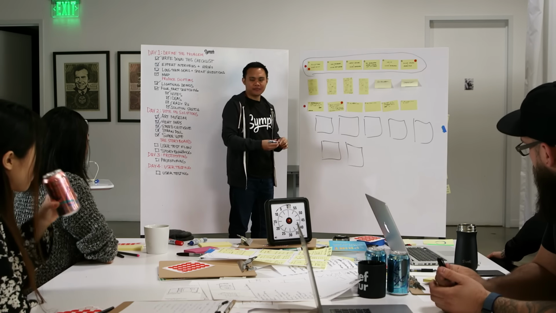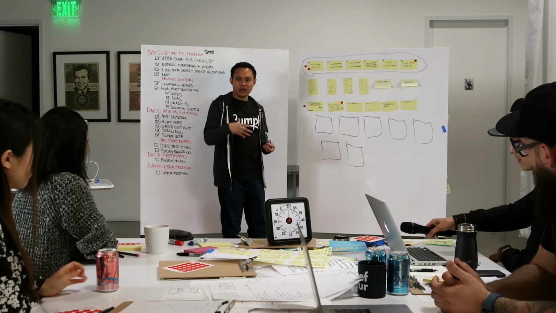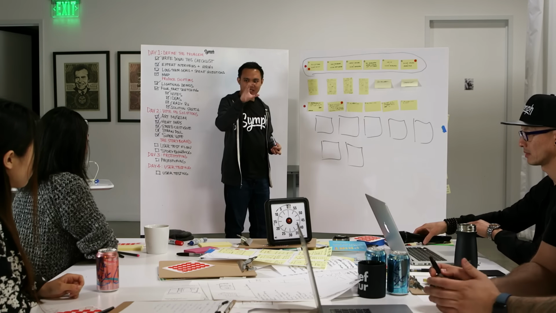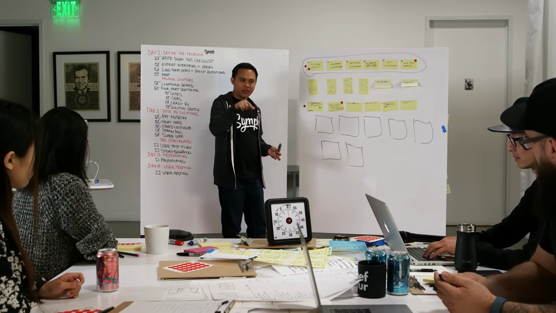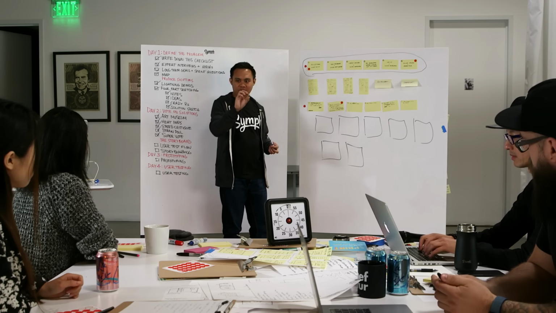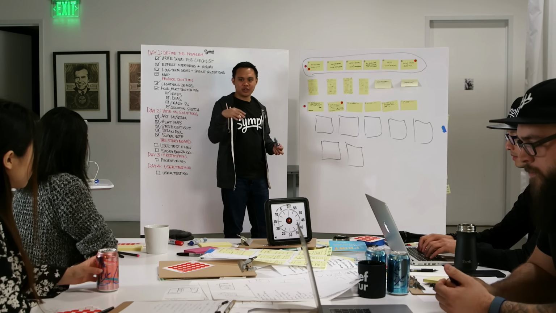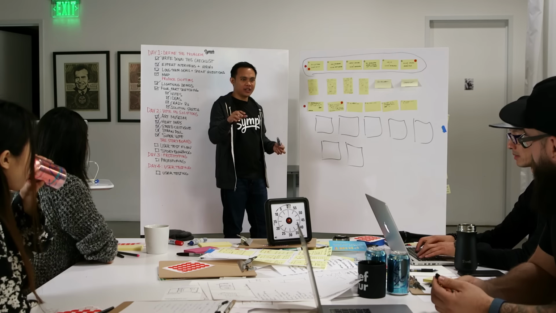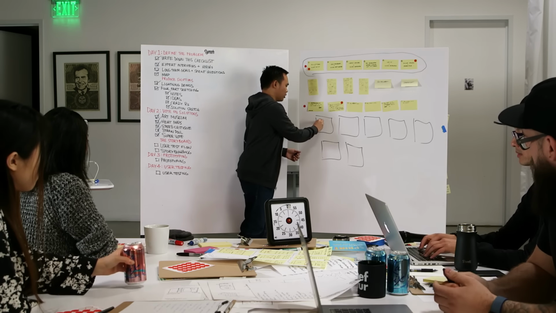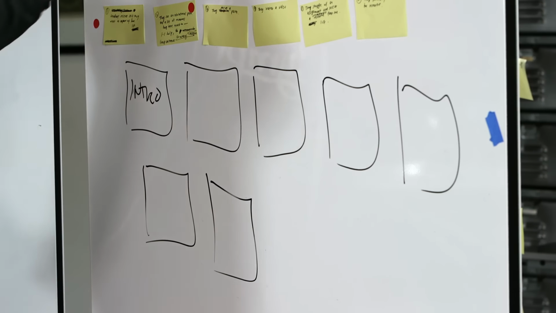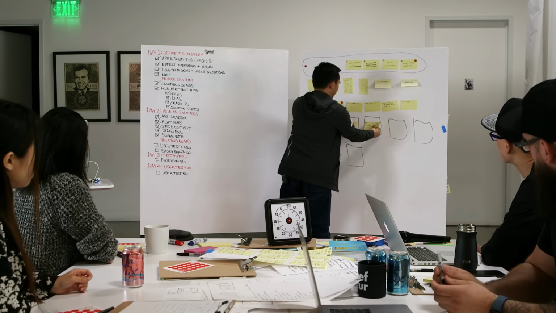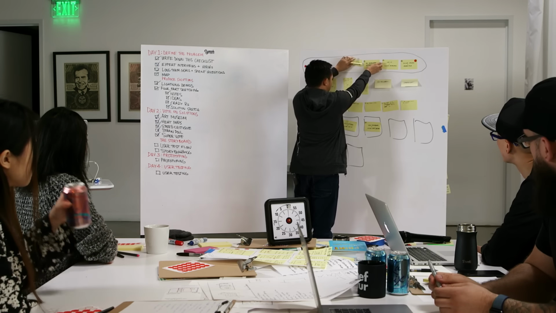We call this the entry point, where they're browsing Facebook, they see an ad for the Future University, and they click on it. Or they're on the YouTube page of the Future and they have a big button there that says go check out the Future University, and they click that. So that's your intro. And then your whole flow starts here. So now we just take these and we put them here.